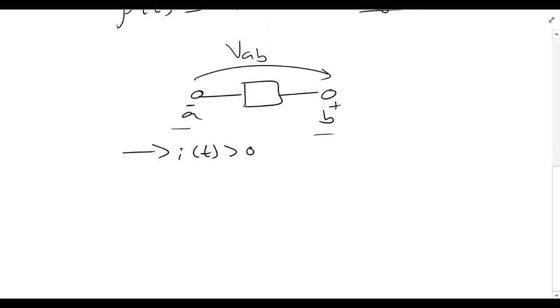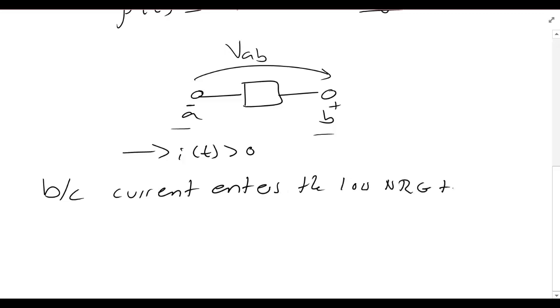Because current enters the low energy terminal, power is voltage at t times current of t times -1.